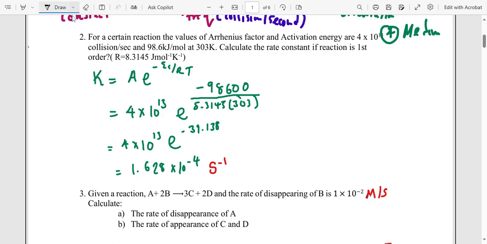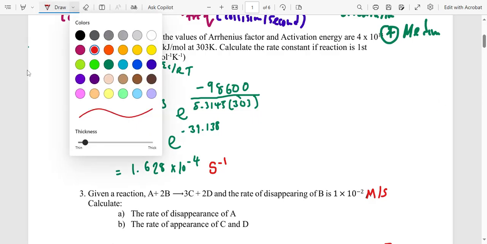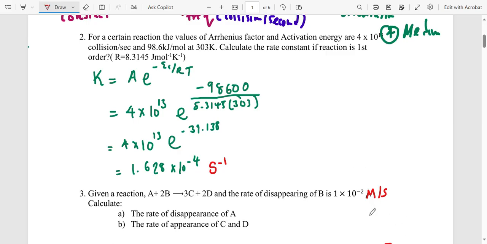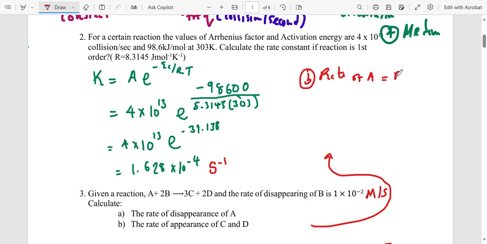It's going to be still okay. So that's question B. So we'll say the rate of A is equal to the rate of D over, remember D was divided by 2.